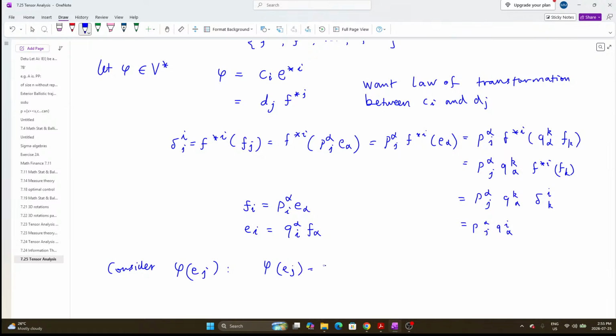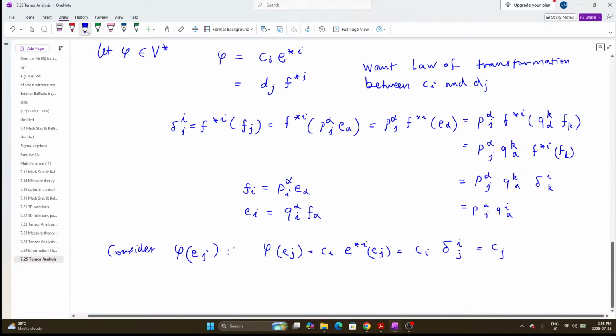This way you just get Ci e star i of ej. By definition, this is delta ij, so it's Cj downstairs. This is Cj. On the other hand, use the second expression.